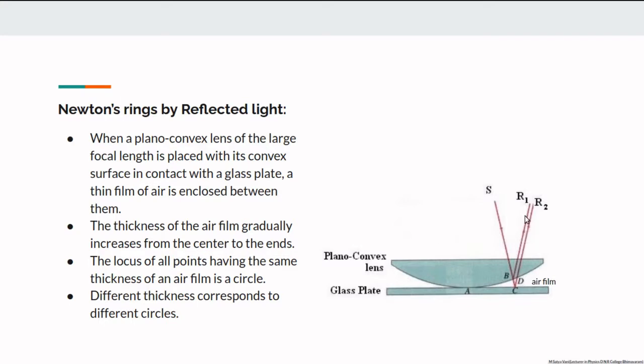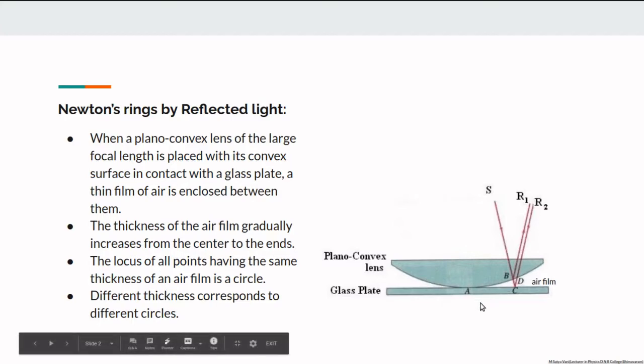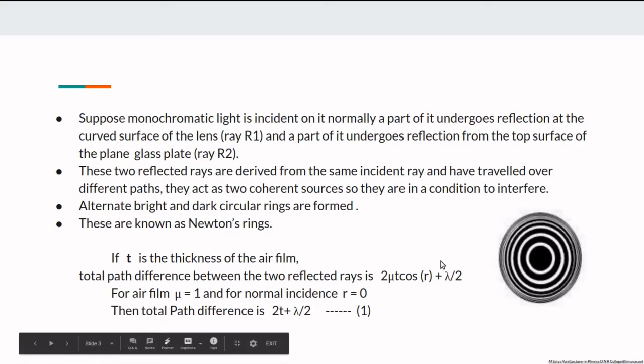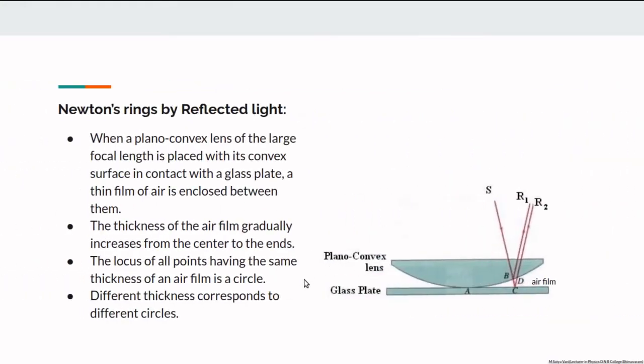These two rays, R1 and R2, are derived from the same incident ray. This is the incident ray. These two rays act as two coherent sources. They are derived from the same incident ray and they have travelled over different paths.